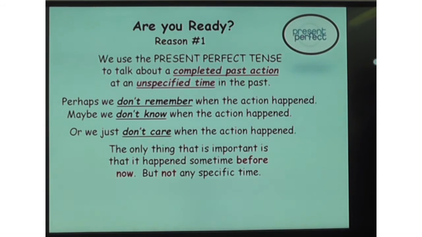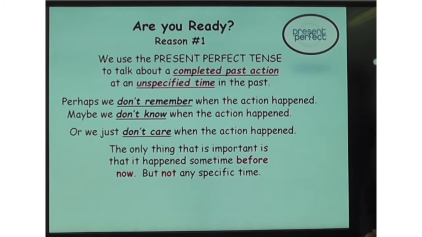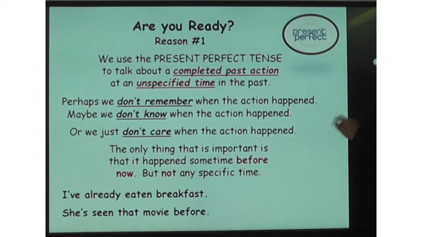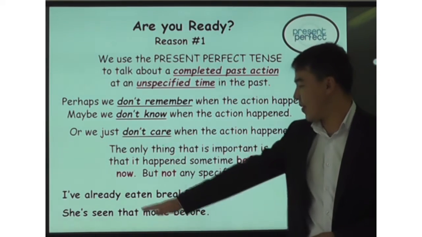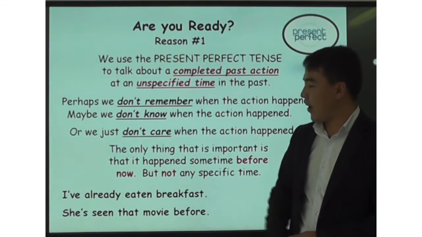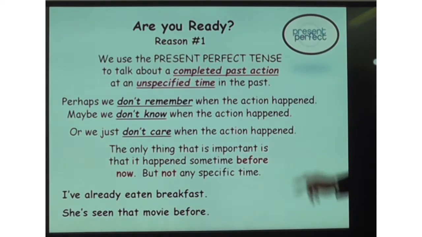The only thing that is important is that it happened at some time before now, but not at any specific time. For example, here: I've already eaten breakfast. She's seen that movie before. And here I've is a short form and already eaten is in the present perfect tense.